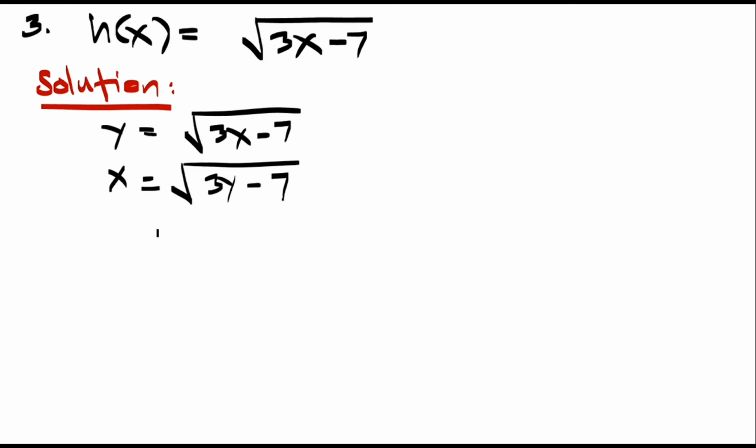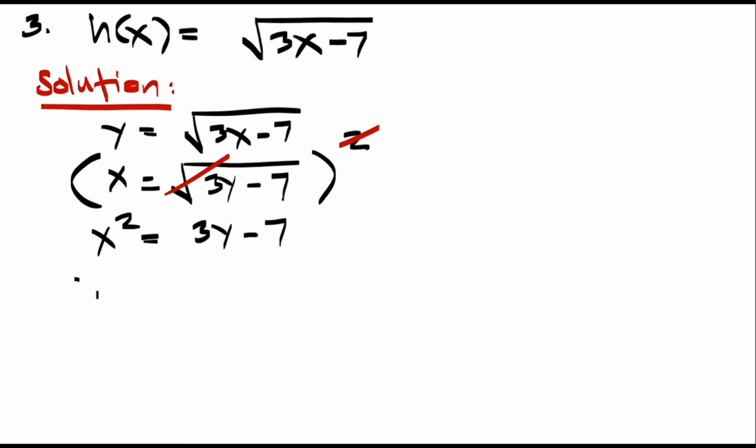Step 3, solve for the new y. So since the new y here is under this square root sign, we have to remove this square root sign by simply squaring the equation. So we have here x squared equals the square root of 3y minus 7 squared. Again, this square root sign and square can be cancelled out. So that will have 3y minus 7.